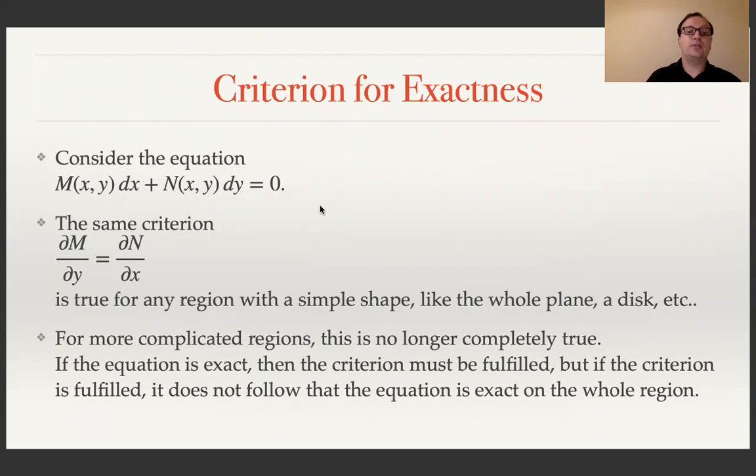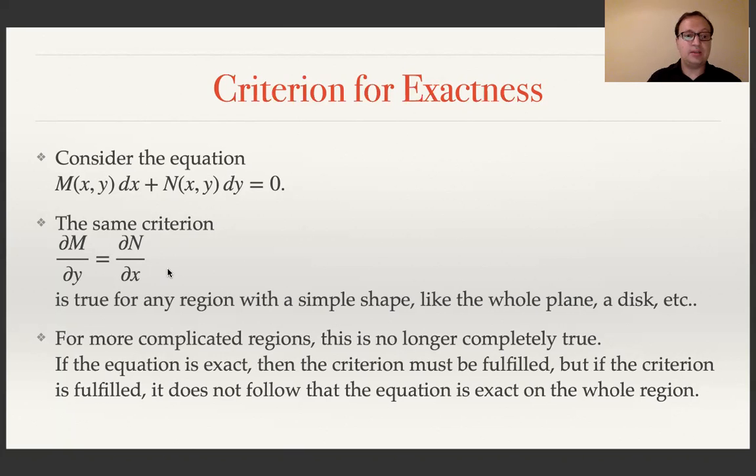For more complicated regions, the criterion is only partly true, namely, if the equation is exact, then it follows that partial M over partial y is equal to partial N over partial x. But if the criterion is fulfilled, so if partial M over partial y is equal to partial N over partial x, this is no longer enough to guarantee that the equation is exact on the whole region if it has a complicated shape.